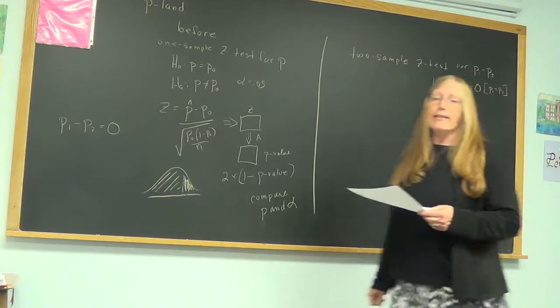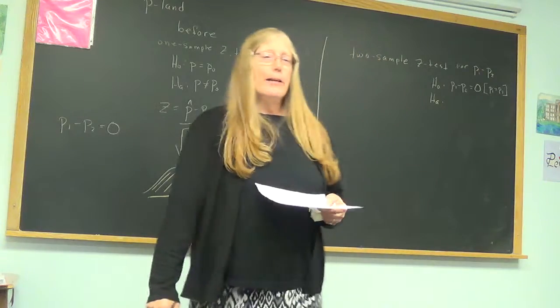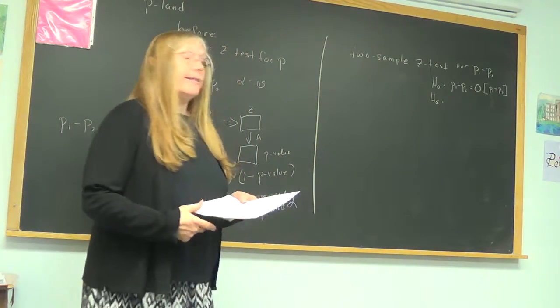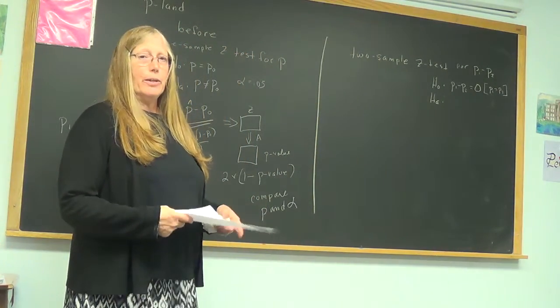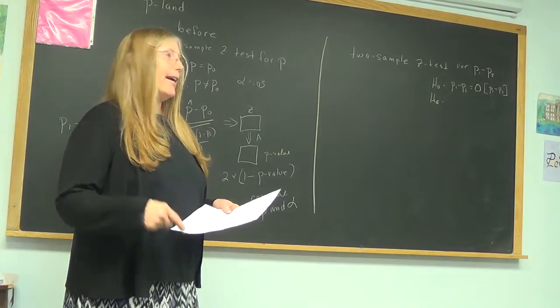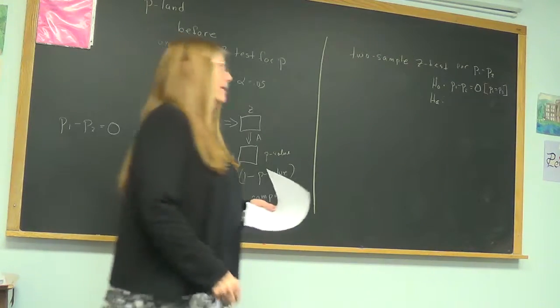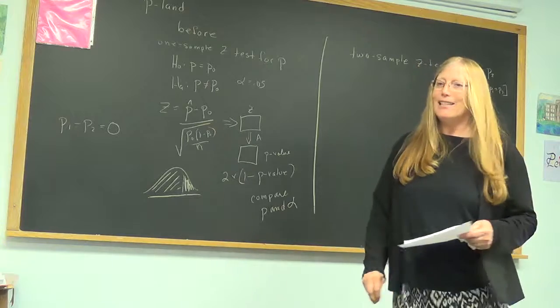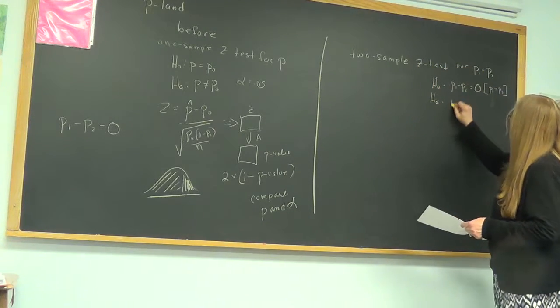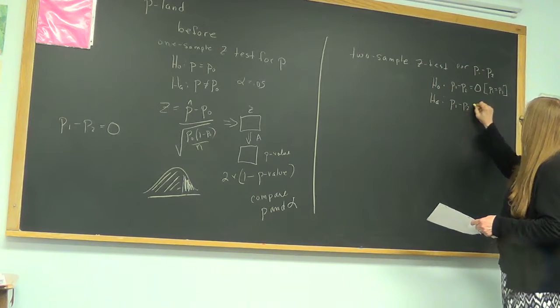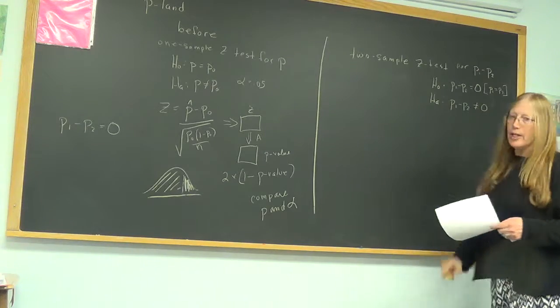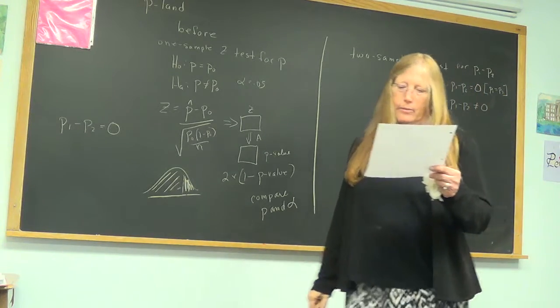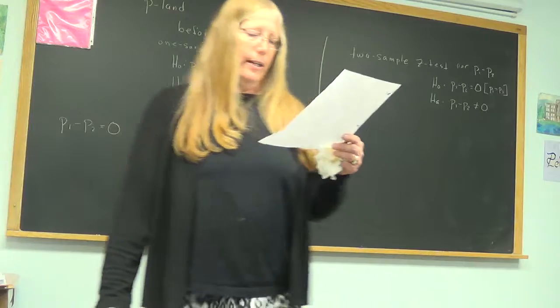You're basically saying there's no difference between the two, and you're going to gather evidence against that. The alternative is P1 minus P2 is not equal to 0. There are other choices, but I'll teach it with not equal to 0.